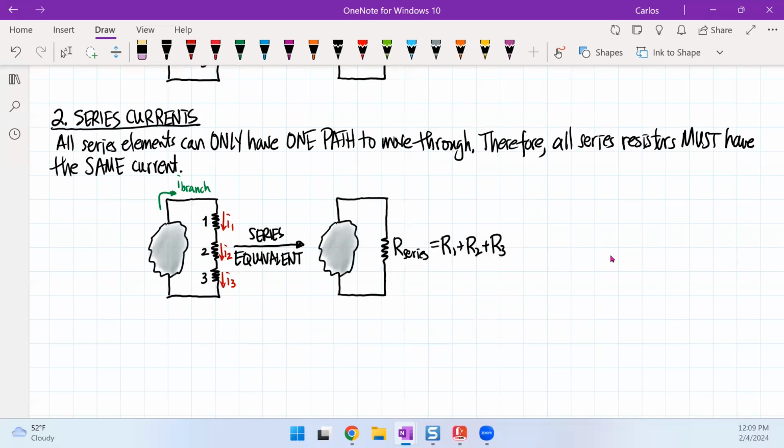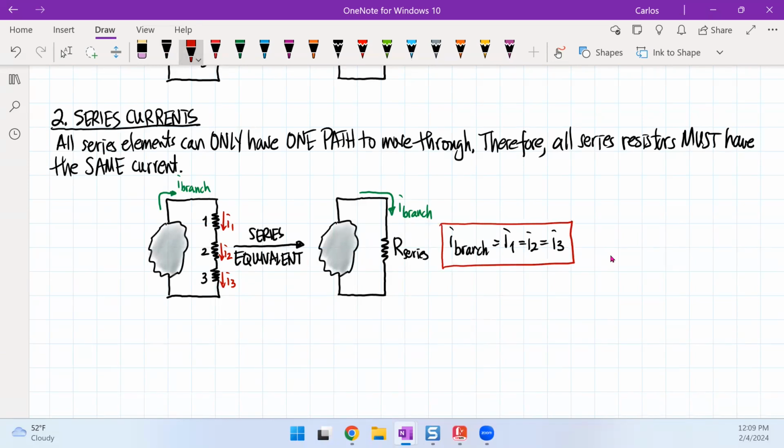So when I look at this series resistance, because all of these currents are exactly the same, I only see one current flowing through all these resistors. It's the branch current. And therefore, this branch current must be the same as I1, which has to be the same as I2, which has to be the same as I3. So they all must have the same current.